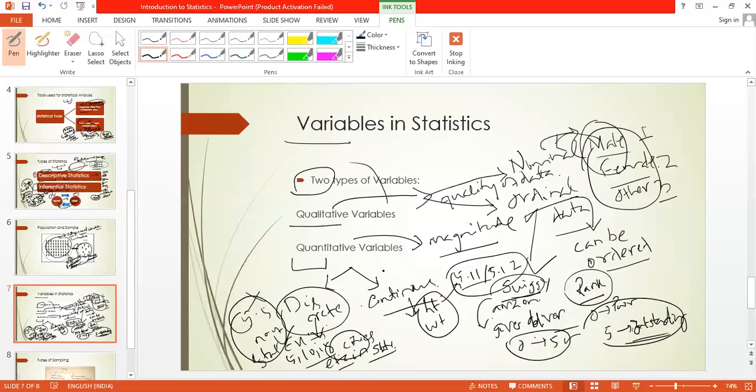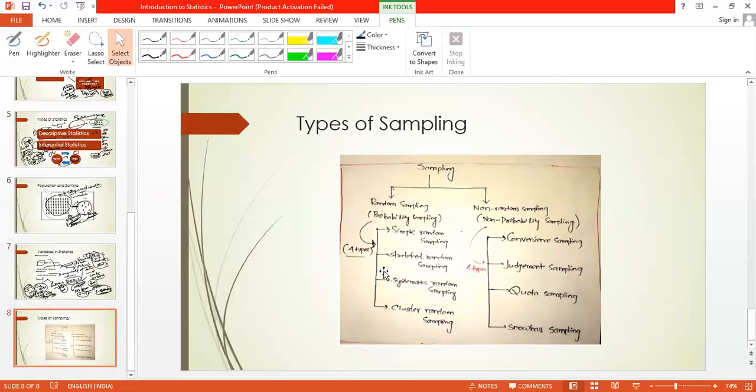Okay, so let's go to the next slide. Actually, you don't need this. I can say this is a bonus slide. You don't need it for data science purposes. You don't need so much theory, but yeah, it's good to know.